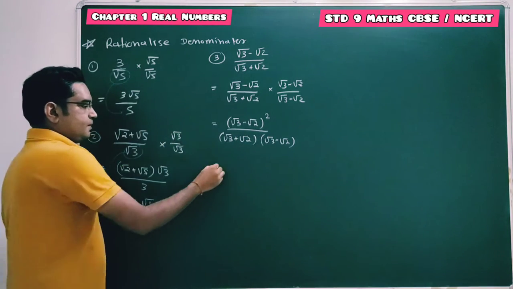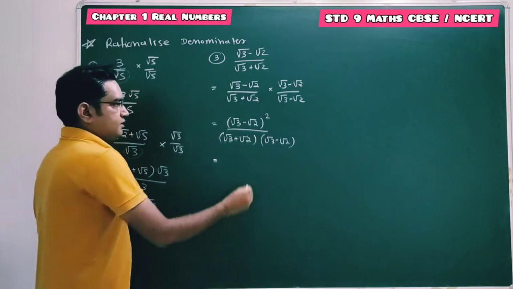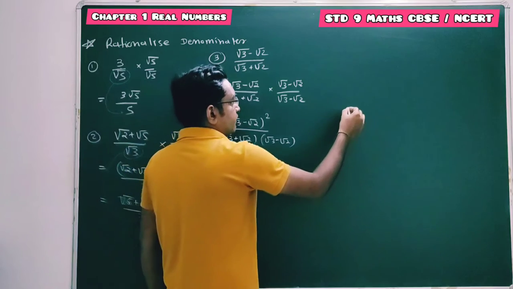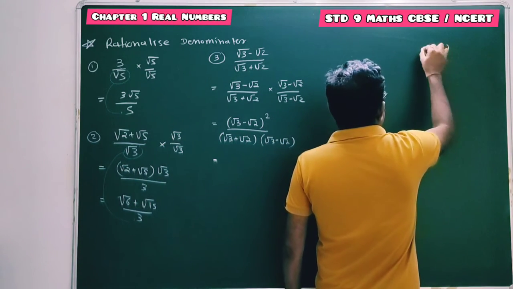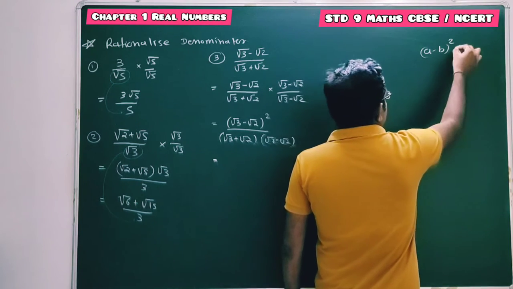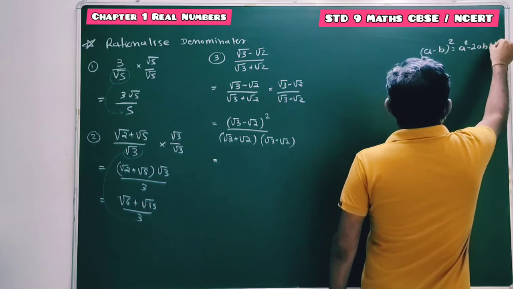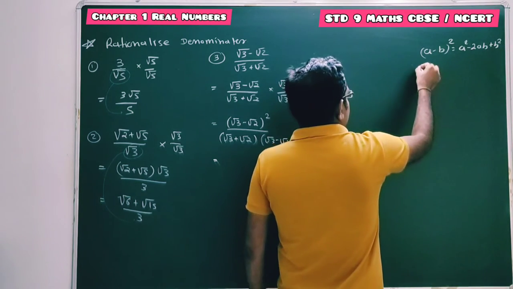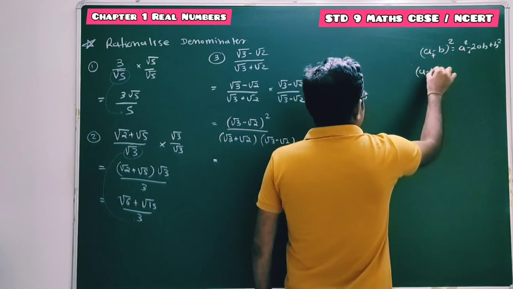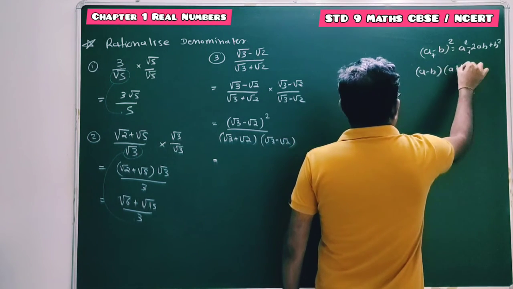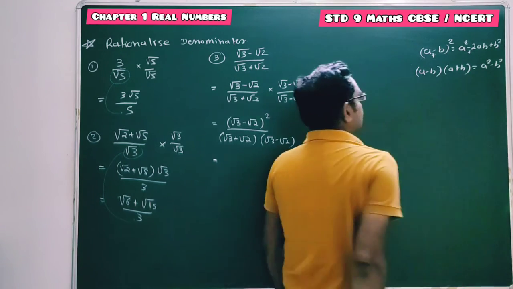Now for the simplification of this we have two identities. First identity: (a minus b) whole square, which we studied in 8th standard, is equal to a square minus 2ab plus b square. Another one: (a minus b) into (a plus b) is equal to a square minus b square.